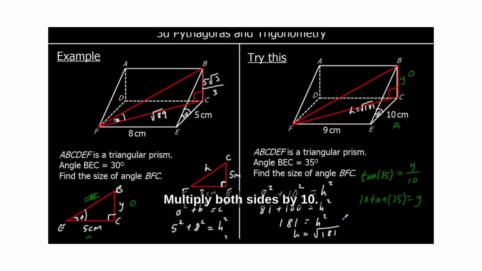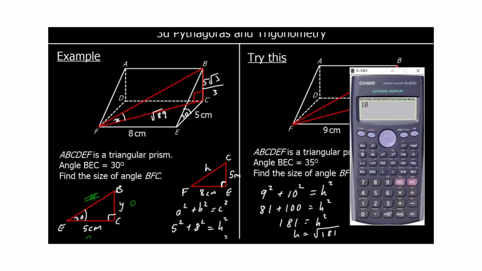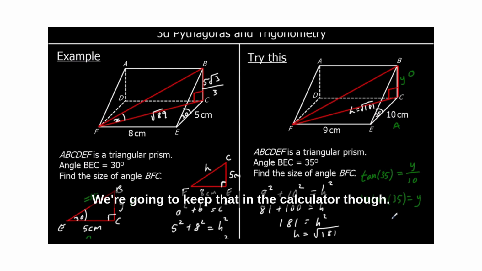Multiply both sides by 10, so y is equal to 10 tan 35. So we've got 7.00. We're going to keep that in the calculator though.